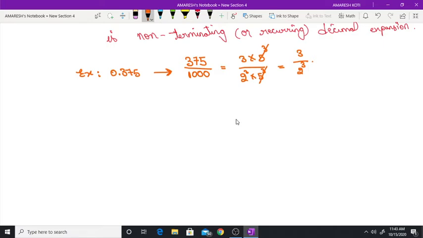And let's do another one. Write 104 first, then keep the divided by symbol and see how many digits are there after the point. There are 2 digits, so keep 2 zeros and keep 1. That's it.